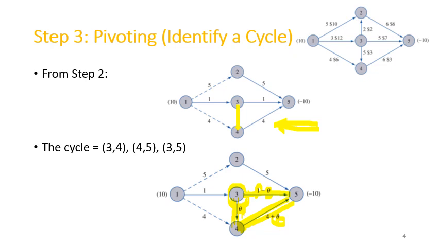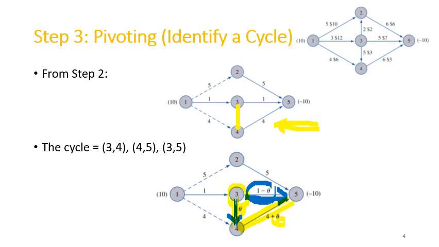Why are we taking away flow from 3 to 5? You need to pay attention to the direction of this flow. The direction of this flow is 3 to 5, and we're taking some of that flow away from 3 to 4. So obviously the flow from 3 to 5 will be reduced by as much as theta. So let me summarize.